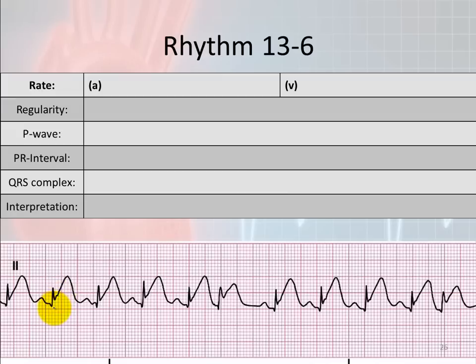The atrial rate for this one, 300, 150, 100, using the countdown method, is right about 100 beats per minute. The regularity, as we can see right here, is irregular because of that PAC right there.